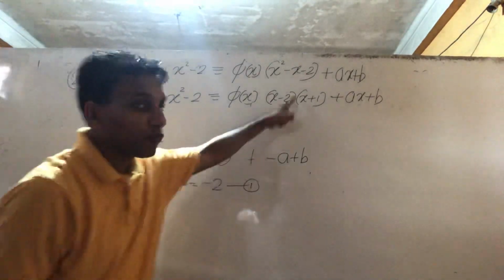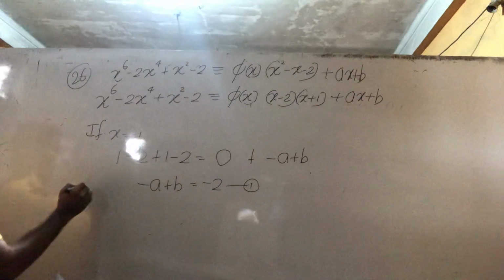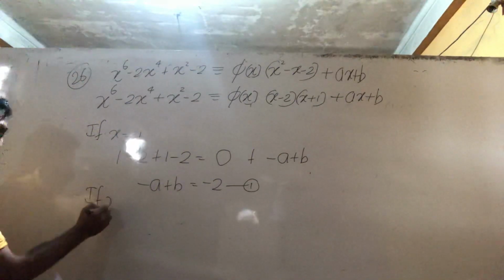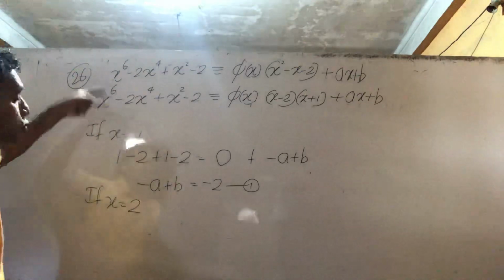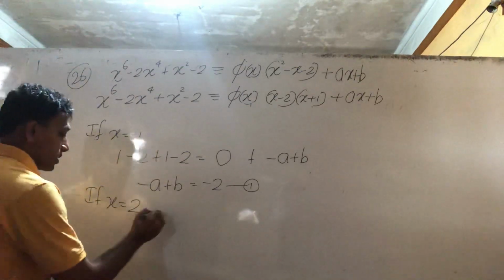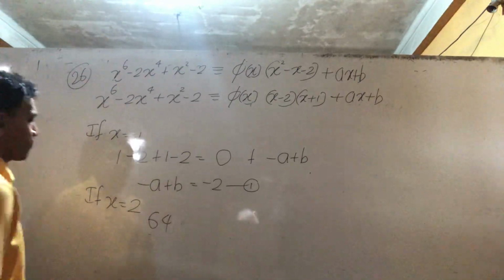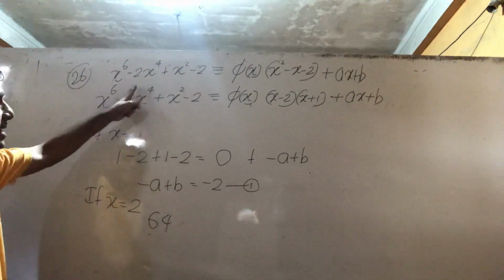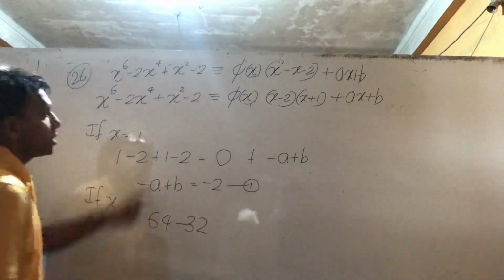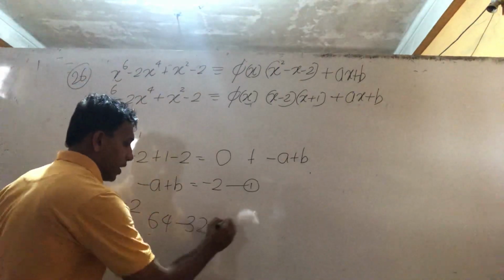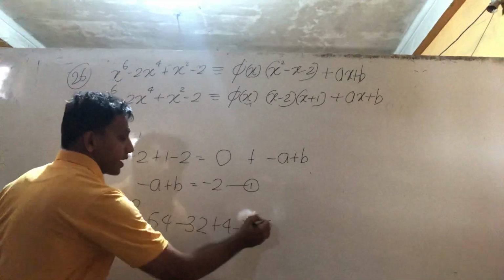Next, put x equals positive 2. If x equals 2, what is that? 2 to the power 6, 64. Here 16 double, 32. Here 4 minus 2, right? Check that property.